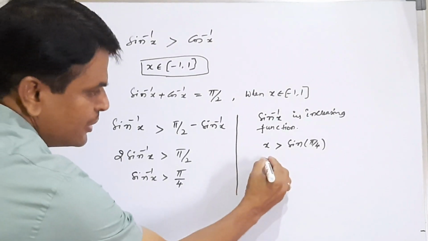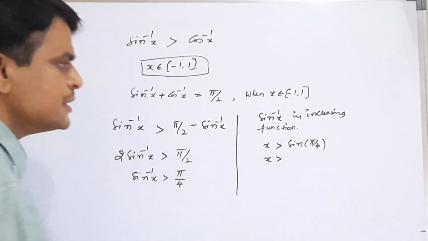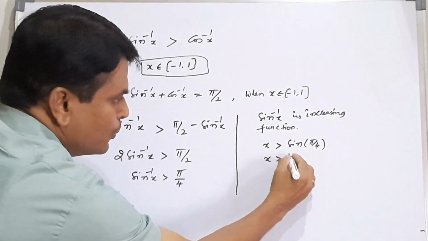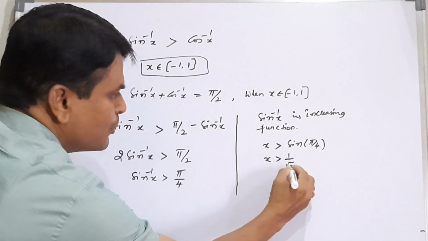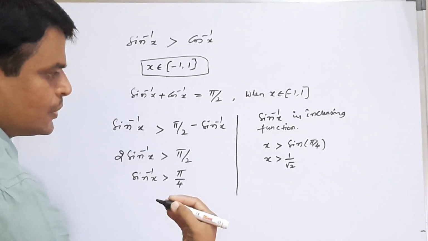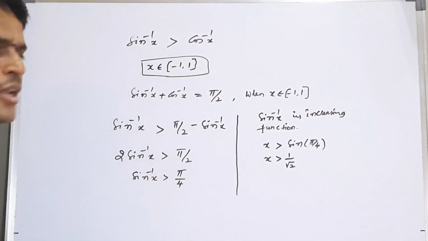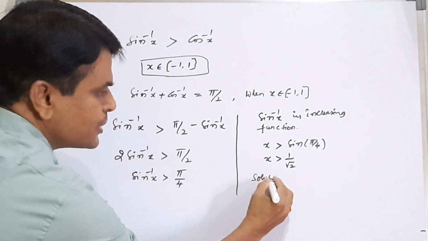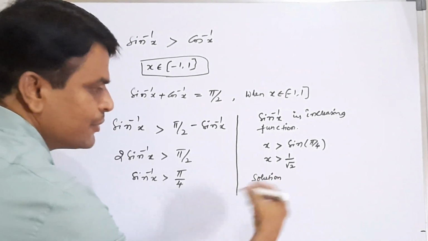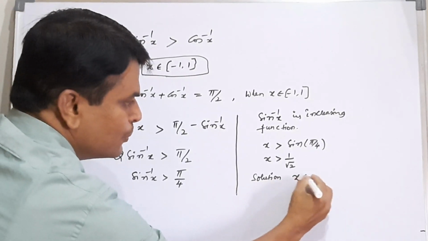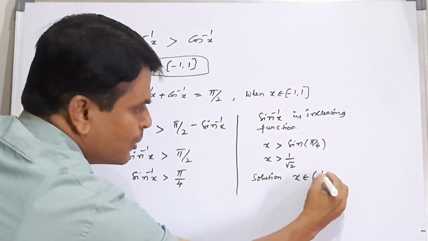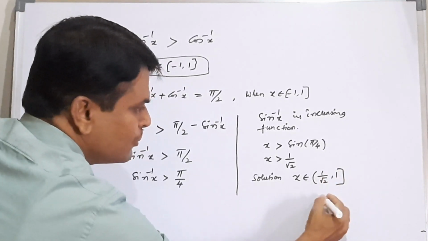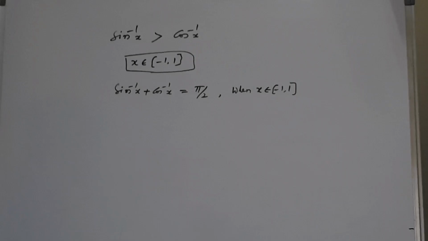Sine pi by 4 value is 1 by root 2. So x should be greater than 1 by root 2. But I cannot go beyond 1. So that's why the solution for the above inequality is x belongs to open 1 by root 2 to closed 1.